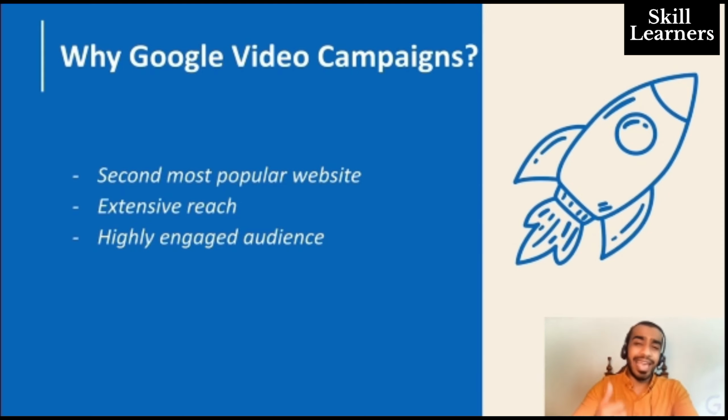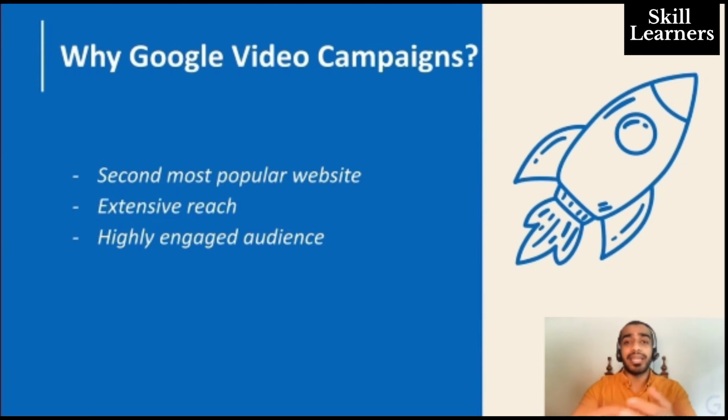When I say highly engaged audience, I mean that YouTube is a platform that sees over 1 billion hours of content every single day. This is a platform with high video consumption. So there are people consuming 1 billion hours of content every single day. Now you can imagine the potential, the intent of the audience within that platform.